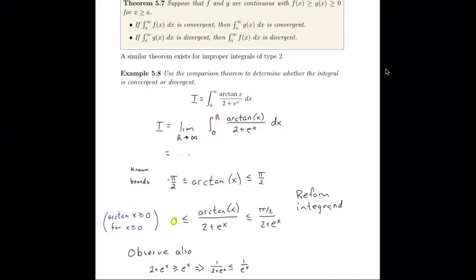So we've got 0 here on the left, and we divide all sides of this series of inequalities by 2 plus e to the x. And the reason we do that is because we want to regain this denominator so that we can talk about bounding this entire term here. Okay, so doing so, we end up with 0 still here, and we've got pi over 2 over 2 plus e to the x.